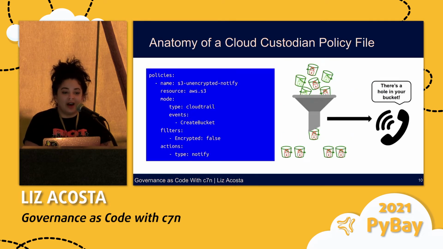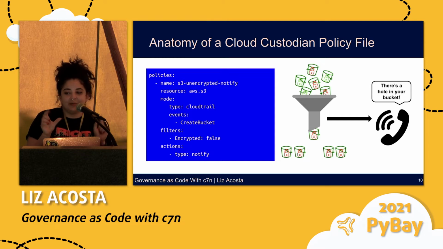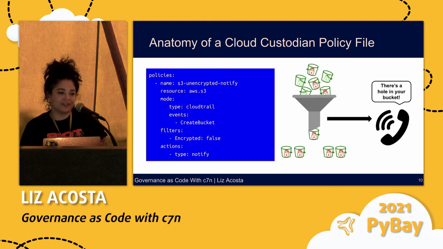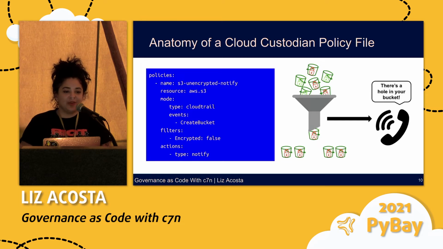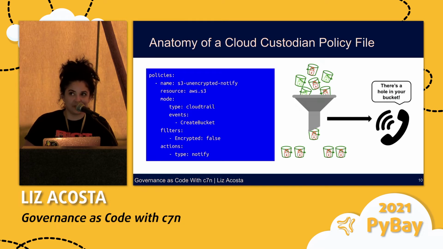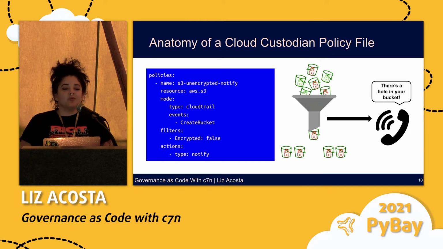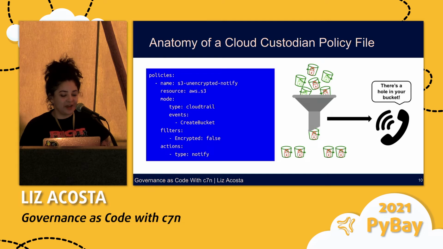So I'm going to give you a little tiny demo of a very simple Cloud Custodian policy. In this demo policy, it is our S3 encrypted notify. So basically, for those unencrypted buckets that I may or may not have created, what I want to do is filter for those buckets.